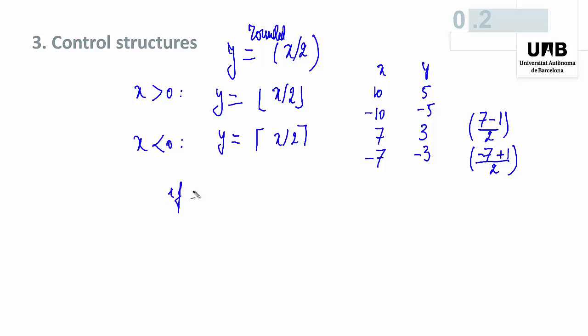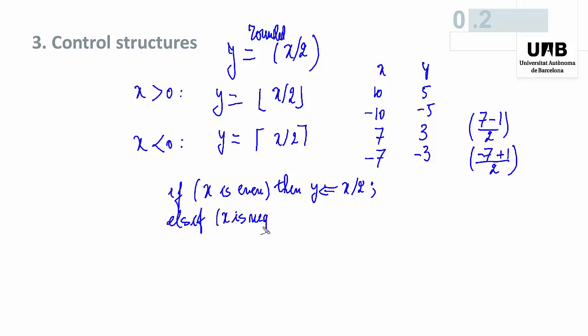If x is even, then y is x divided by 2. Else, if x is odd, but if furthermore x is negative, then in the second case, y must be equal to x plus 1 divided by 2.